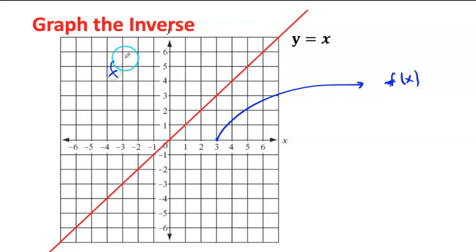That means my inverse function is going to be on the other side. I want to graph the inverse. It's going to be a reflection across this line. So if we start at 3 here, then my inverse is going to be something like that. So it's a mirror across the line y equals x. This line serves as a line of symmetry between my function and my inverse function.